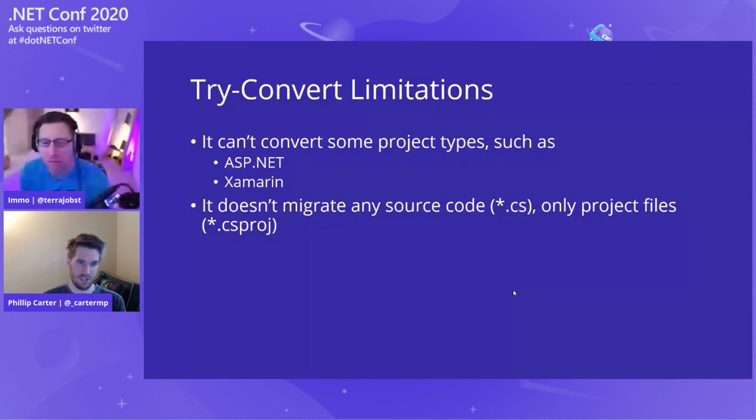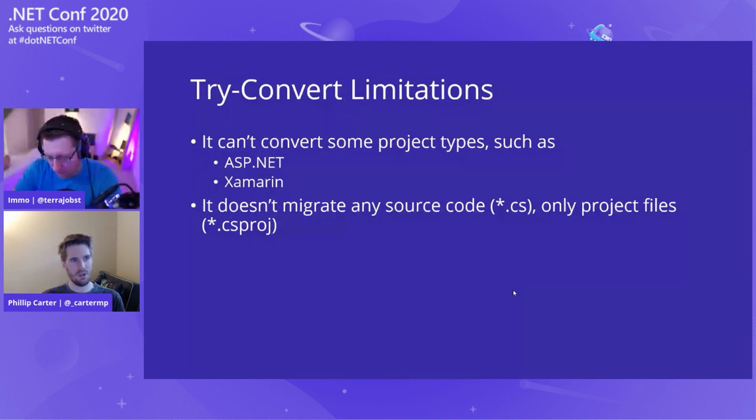Some of this may change. We're already taking a look at how to migrate ASP.NET projects. One of the reasons why it doesn't do that, especially with ASP.NET, is there are so many API differences. It kind of depends, but there's a lot of very fundamental differences between ASP.NET and ASP.NET Core, whereas that's not true for desktop apps. Desktop apps are pretty much the same, and so that's why it supports them.